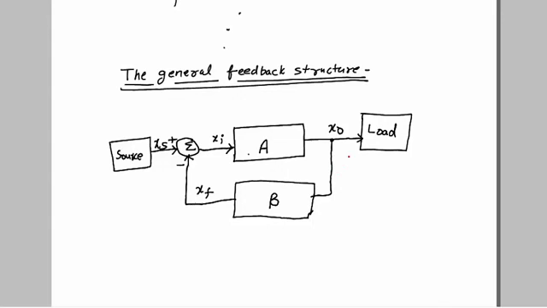A is the open loop gain, and beta is the feedback factor.